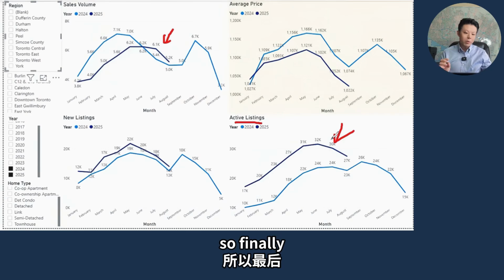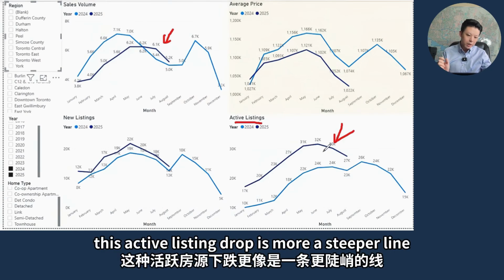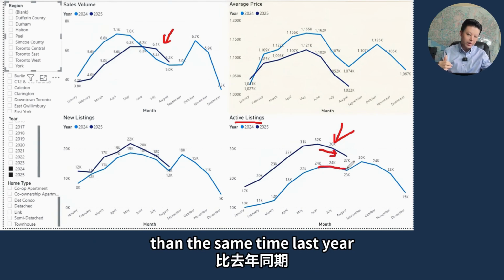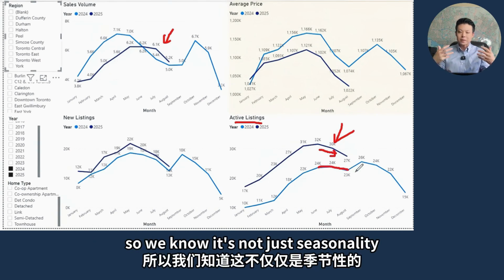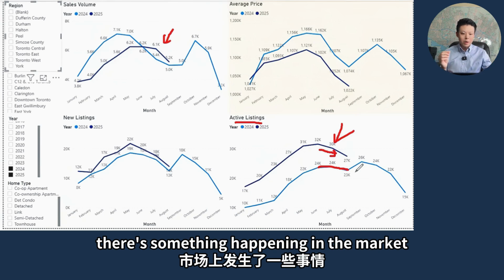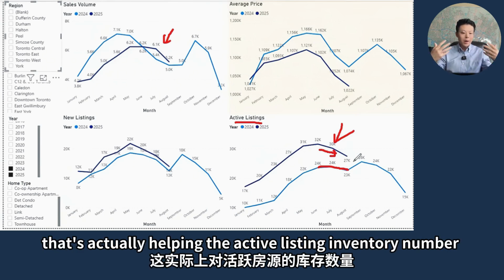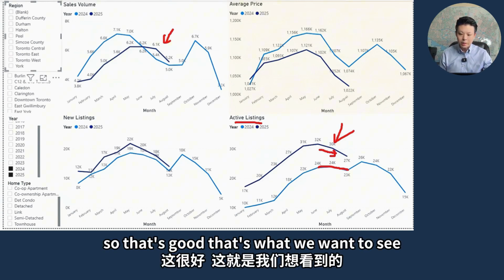So finally, we're seeing some improvement, and this active listing drop is a steeper line than the same time last year. So we know it's not just seasonality. Something is happening in the market that's helping the active listing inventory a little bit more. That's what we want to see.